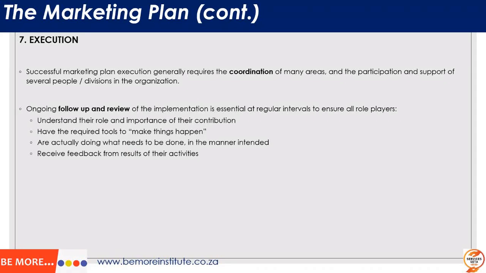So once you actually implement, the implementation or the execution calls for a lot of coordination, and that is part of the planning. You need to know exactly who needs to participate in the implementation of your marketing plan, because to some extent the core businesses will have to play a role, even though marketing will be driving the marketing plan.